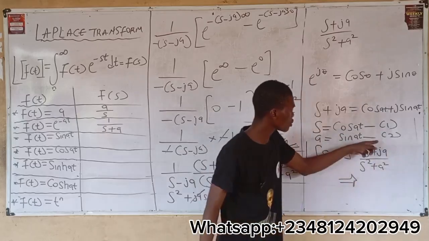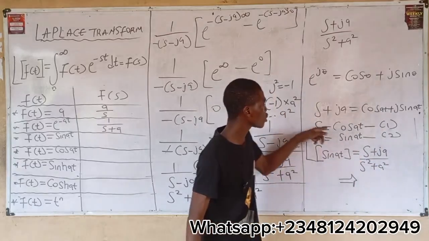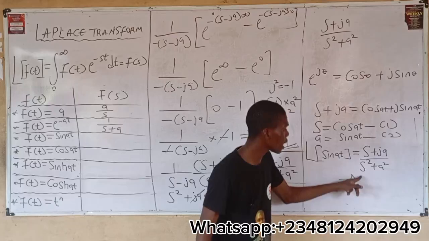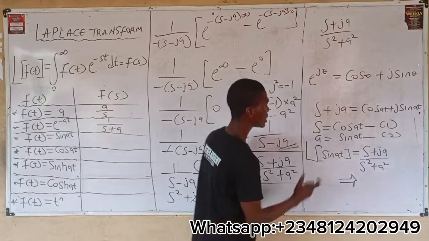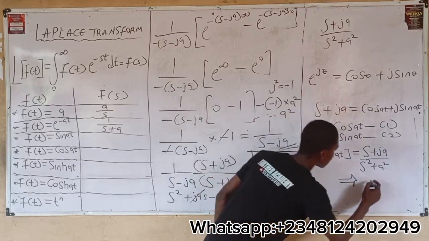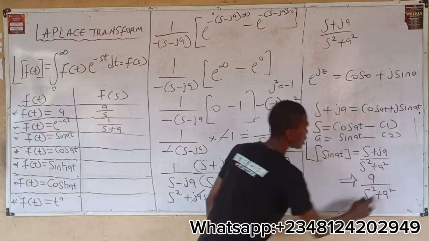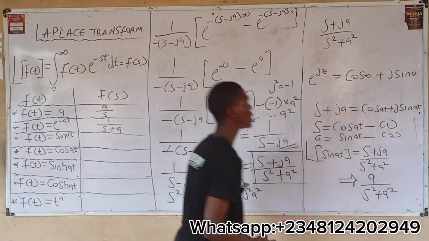But back to equation 1 and equation 2, we are saying that A is equal to sine at, x equals cos at. That is, from here, this implies that the Laplace transform of sine at is equal to what? A over s squared plus a squared.